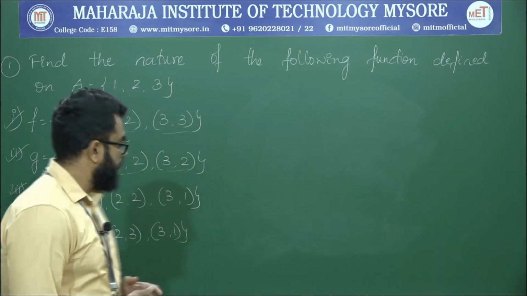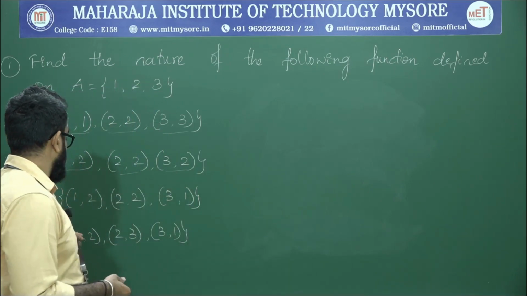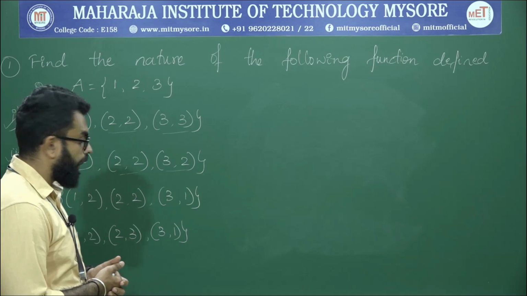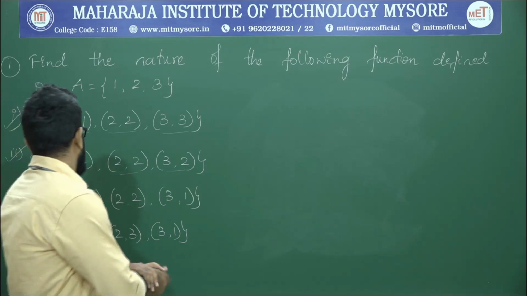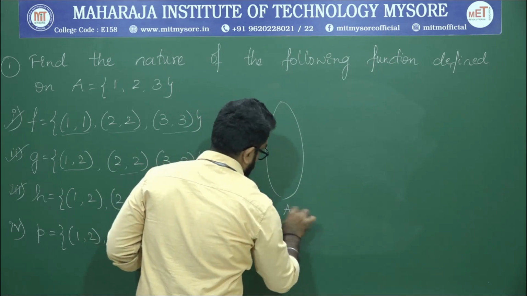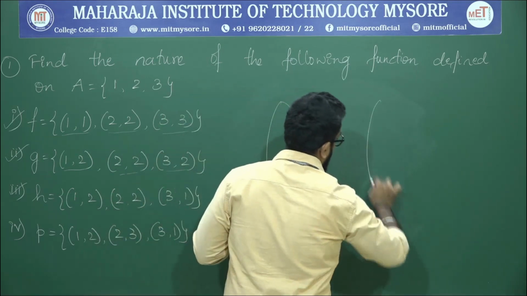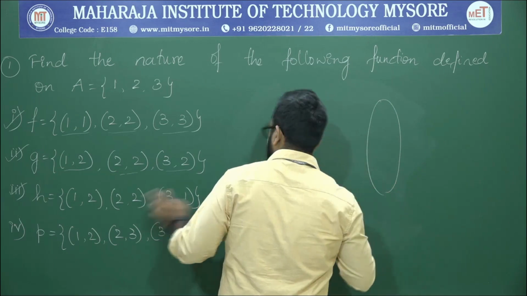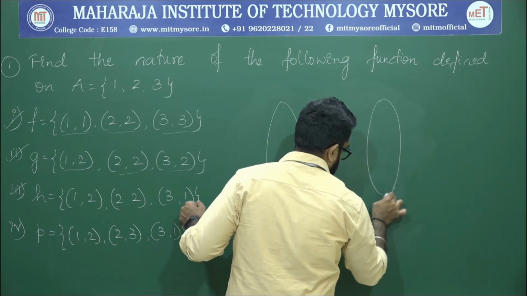Next function we have is P, where P consists of the ordered pairs (1, 2), (2, 3) and (3, 1). By drawing this arrow diagram, you can also do it without the help of an arrow diagram, by manually inspecting the given set of ordered pairs.